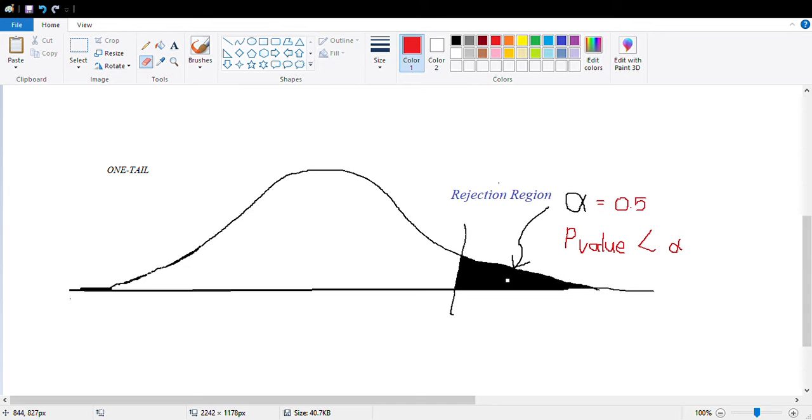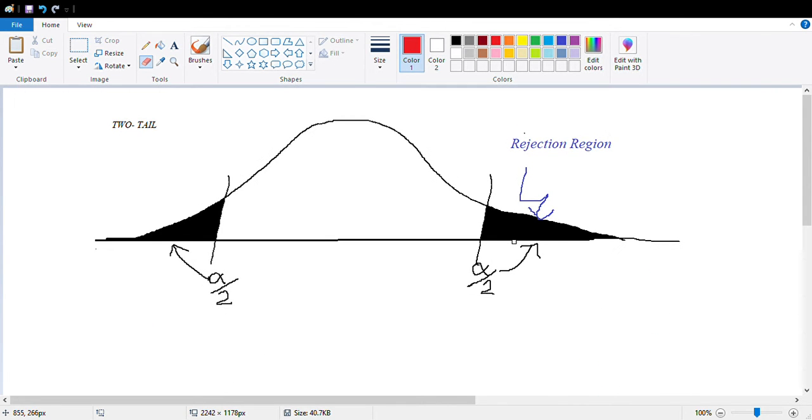Now, there is what we call the two-tailed test. In the two-tailed test, you have the rejection region on the rightmost and the leftmost parts of the curve.